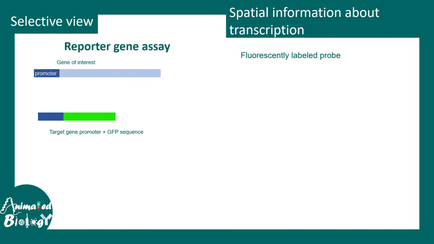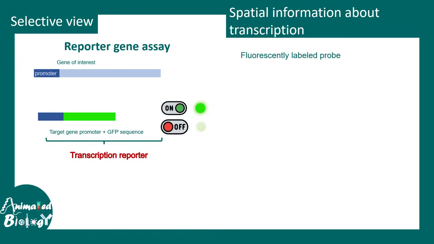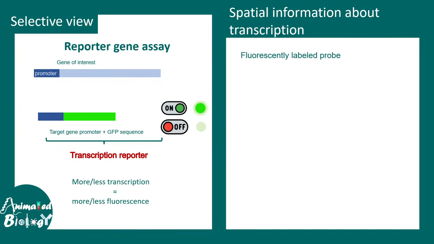In a reporter assay, you start with a reporter gene. Reporter gene fluorescence would tell you whether transcription is on or off. If you have fluorescence, transcription is on. If it is not on, the fluorescence would be low, which gives you a readout that transcription is off. So transcription is read out by the level of fluorescence. These are linear readouts and can be tracked in a live cell.